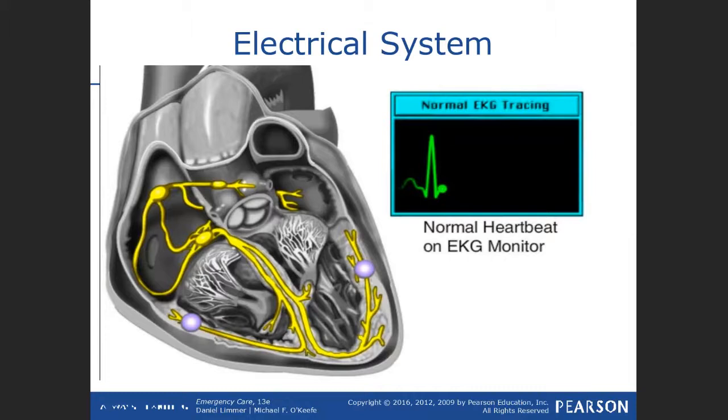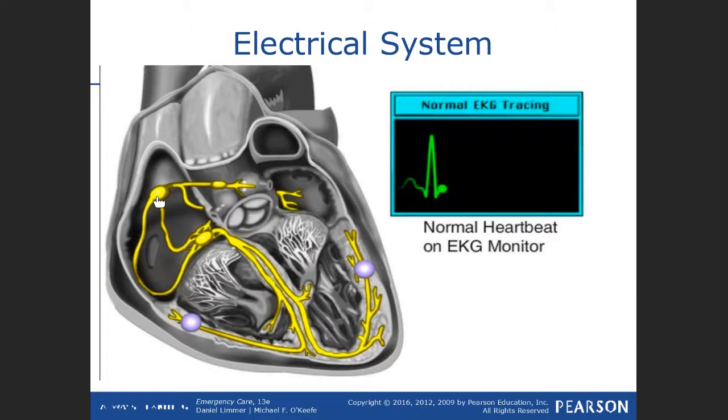Okay. So what allows the heart to drive its own beat? It's a part of the electrical system. It all starts right up here in the corner of the right atrium. This little part of the heart called the sinoatrial node, or what's referred to as the pacemaker of the heart, the SA node.